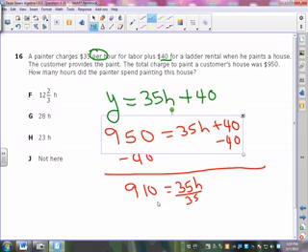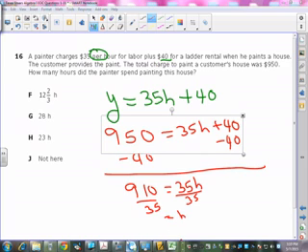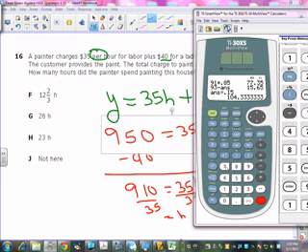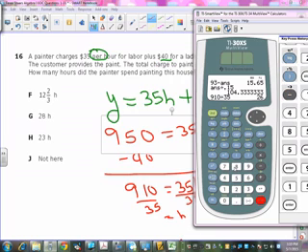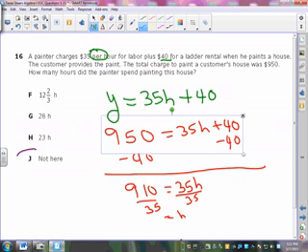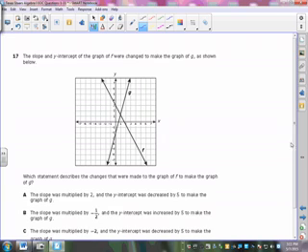Divide both sides by 35. So we've got 910 divided by 35, and the answer is 26. That answer is not there, so we would go J.